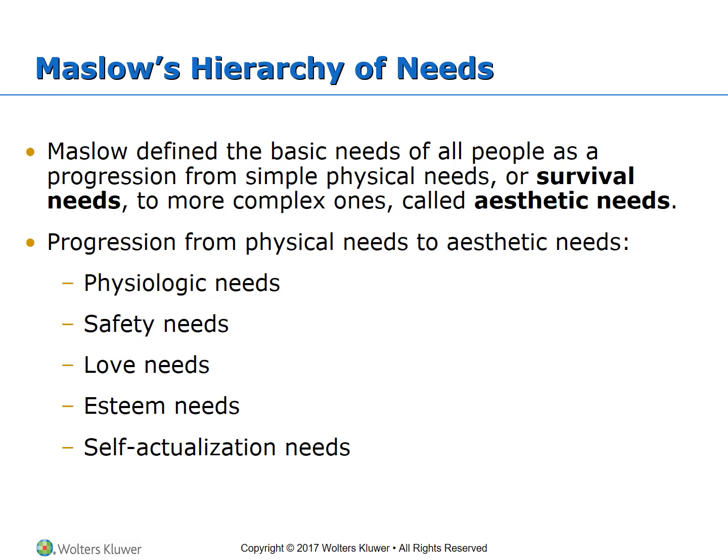And then self-actualization needs is where you've reached your full potential and you're able to plan ahead. So remember that you must meet your priority needs to sustain life, and your secondary needs are met to give quality to life.